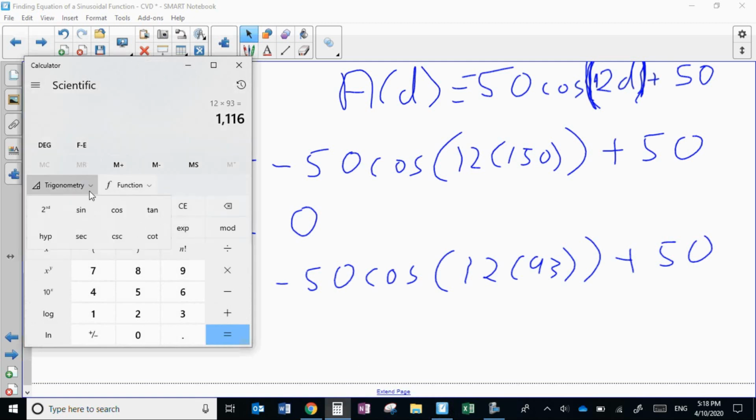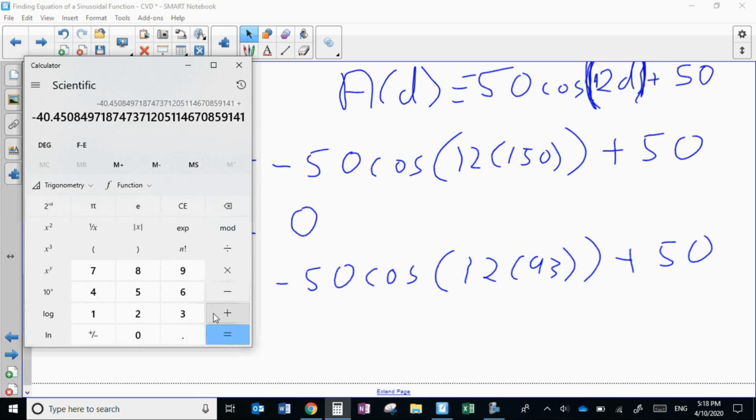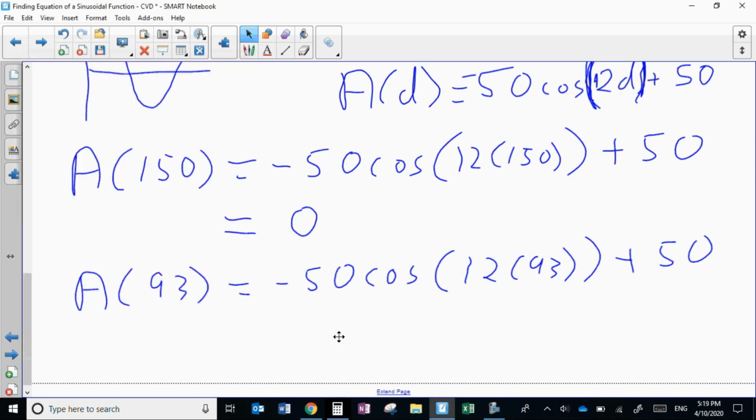I take the cosine of that, and notice I get this number here. This is actually irrational, meaning the decimals go on forever. So I times that by negative 50. Okay, and then I add 50. And I get about 9.5. So only about 9.5% of the moon will be visible on day 93.